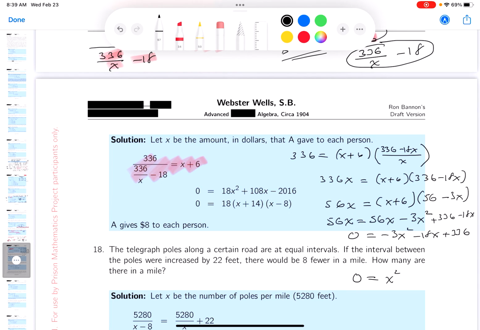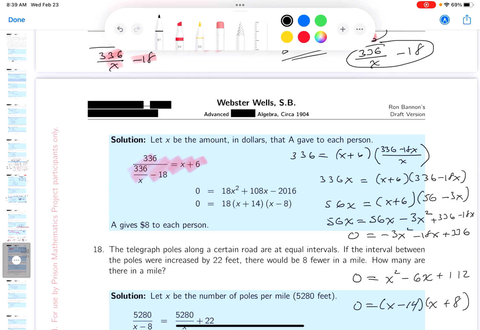X squared minus 6x. I'm dividing by 3, by the way. 112. Well, that's not so bad. I can write this down now. 0 equals x, x. I'm going to say 8 and 14. That's 80 and 32, 112.